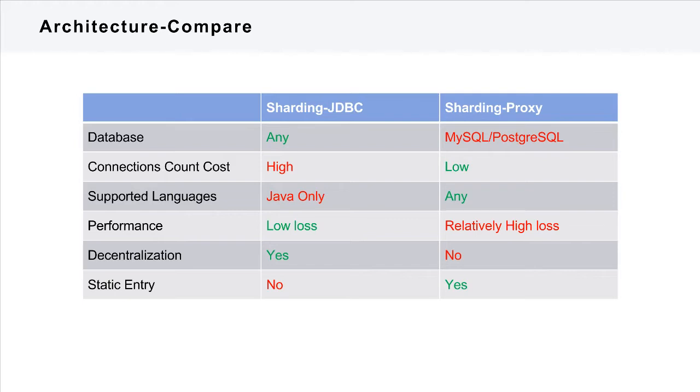ShardingSphere JDBC adopts a decentralized architecture applicable to high-performance, lightweight OLTP applications developed with Java. ShardingSphere Proxy provides a static entry and all language support, applicable for OLAP applications and sharding database management and operation situations.